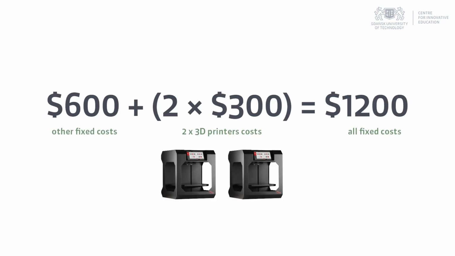The next month, you find out that you have more orders than the current production capacity of the printer. For this reason, you decide to buy the next one. Your fixed cost now is $1,200.